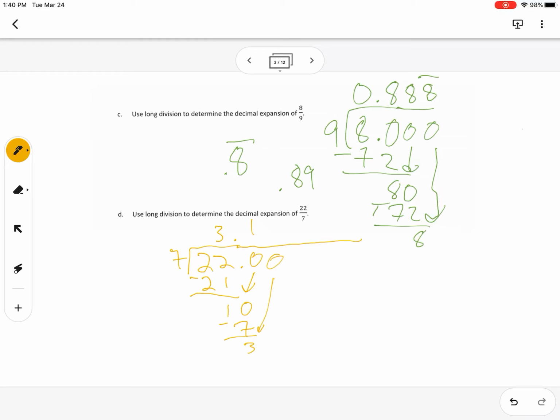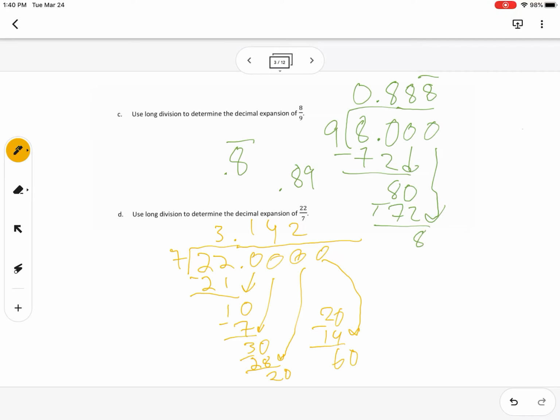Goes into 30 4 times. Goes into 20 twice. I'm going to go ahead and stop there because that's just going to keep going on and on and on. This one is not going to have an end to it.